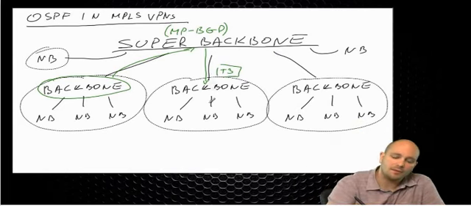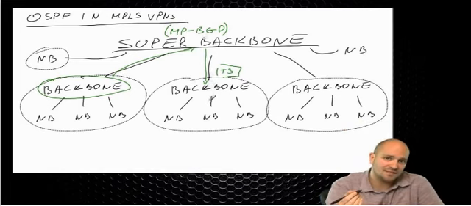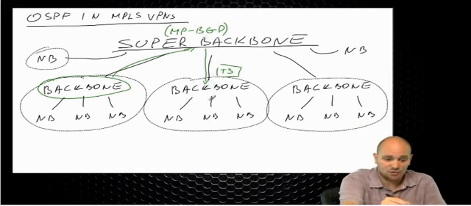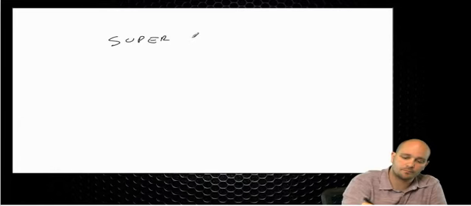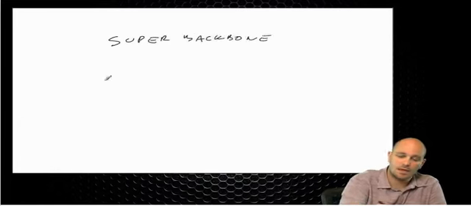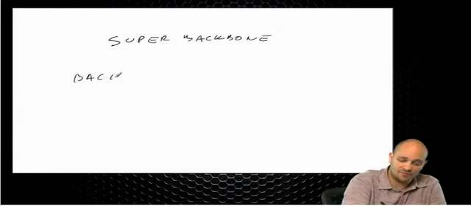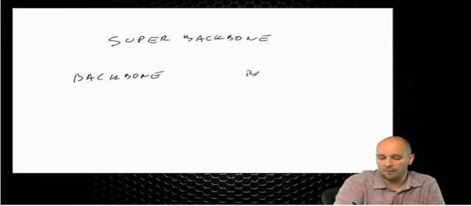But the problem here is that I already have this setup, right? My setup is actually even simpler, because in my setup, all I have is the super backbone and 2 backbone sites. So I don't even have non-backbone areas.